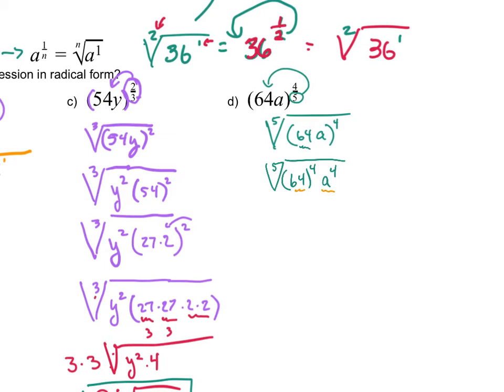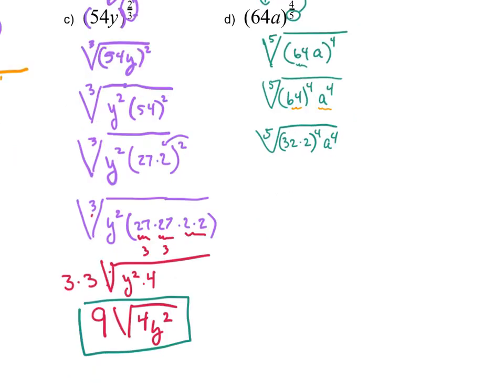And that is going to be, I am going to have the 5th root of 32 times 2 to the 4th, a to the 4th. All right, continuing on here. The 5th root, I'm going to go ahead and do my multiplication.